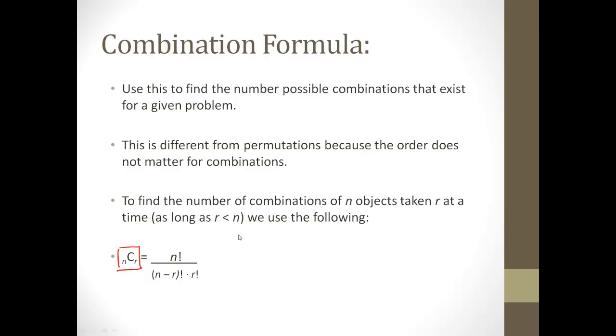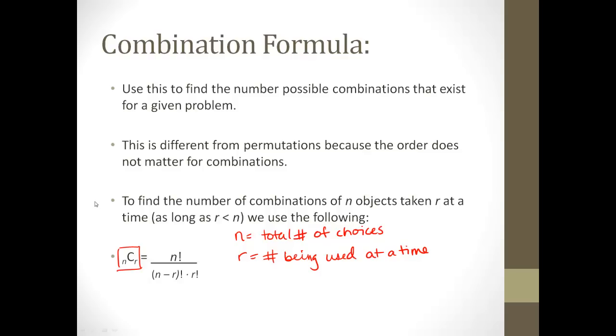But for now, the main thing you need to concern yourself with is n is the total number of choices, we'll call it choices, objects, we'll use that interchangeably, and r is the number being used at a time. So hopefully I put that in simple enough terms that you get the idea as to how this works.